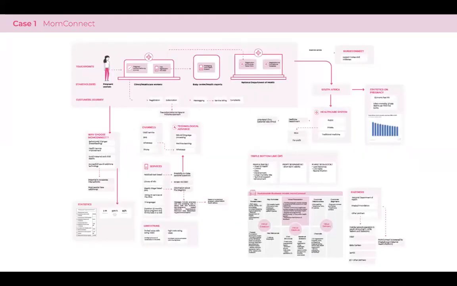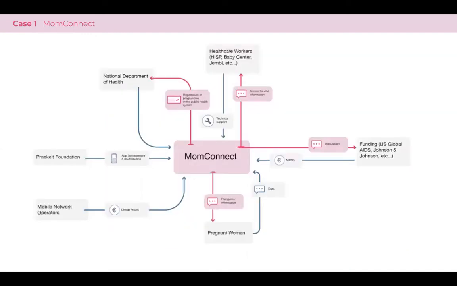Here we can see the gigamap of the service, and as we can see, the service is located in South Africa and is sponsored by the National Health Department, which means that there are different actors involved in the well functioning of the service.